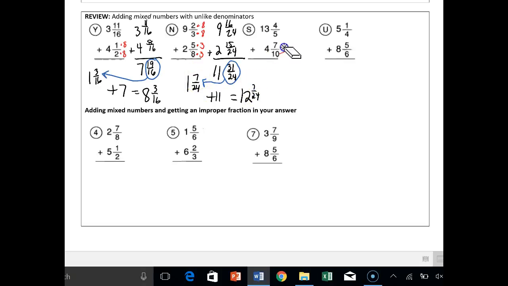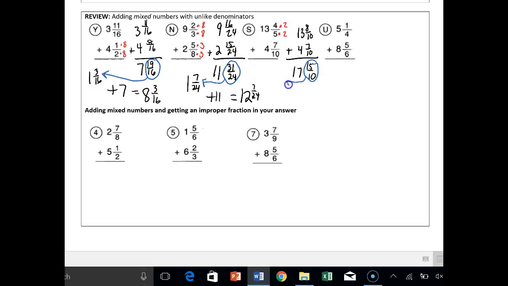All right, let's do one more here. So 13 and 4/5. The common denominator is obviously 10. So that gives me 13 and 8/10 plus 4 and 7 over 10. And I did it again, so 8 plus 7 is 15 over 10, right? 13 plus 4 is 17, so again I have this improper fraction.